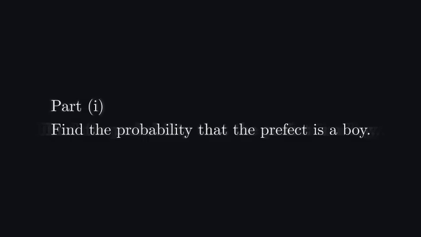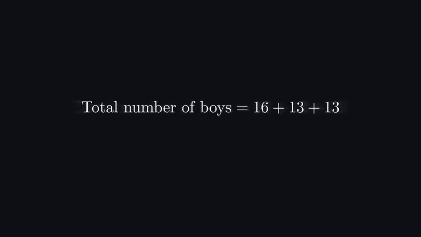Part 1. Find the probability that the prefect is a boy. Total number of boys equals 16 plus 13 plus 13, which equals 42.